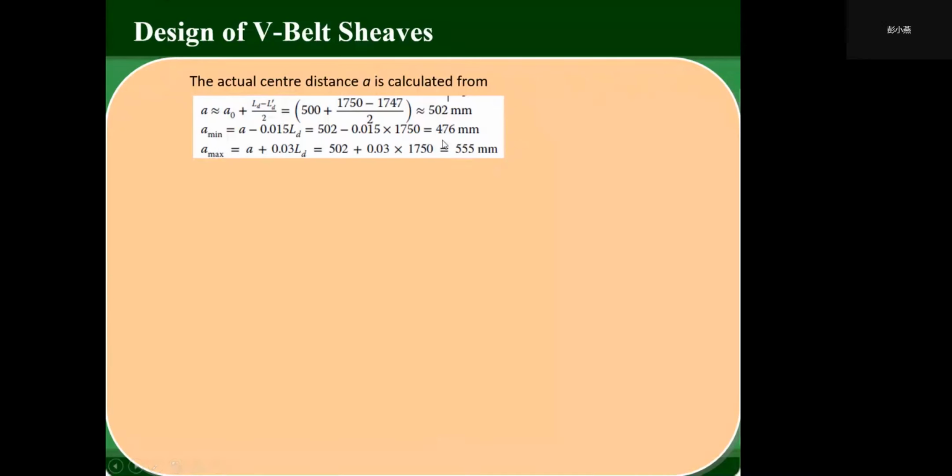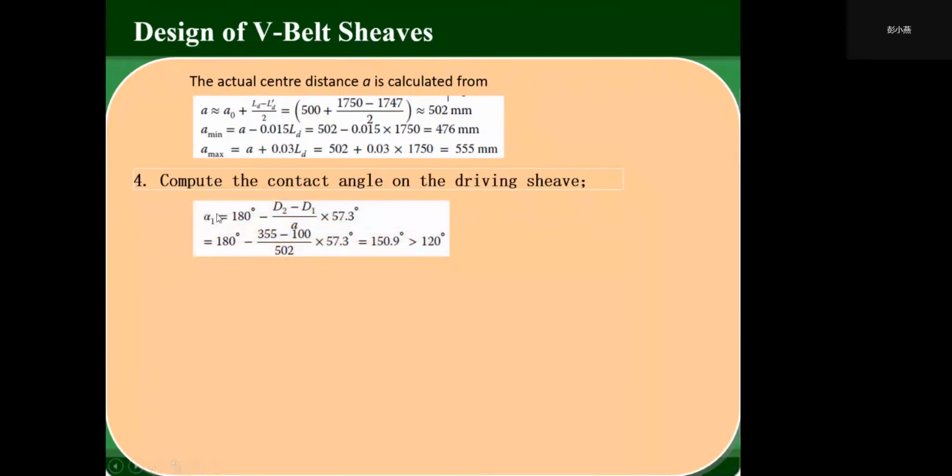It can change within this range, and then compute the contact angle on driving sheave. Use this. We use the calculated center distance 502 millimeter, and we select D2 is 355, and D1 is 100, and then calculate the alpha 1 contact angle for driving sheave. It's larger than 120 degrees, so it's acceptable.